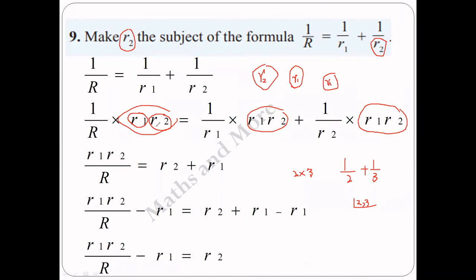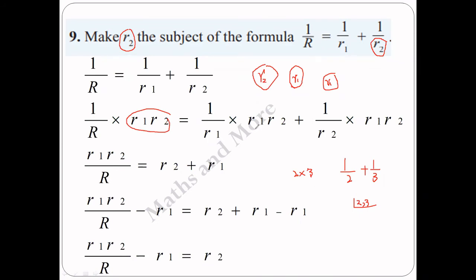Now, you can cancel out. 1 into R1 R2, 1 into something, same thing. If you multiply a term by 1, you will get the same one as the answer. So from the left hand side, you will get R1 R2 over R.